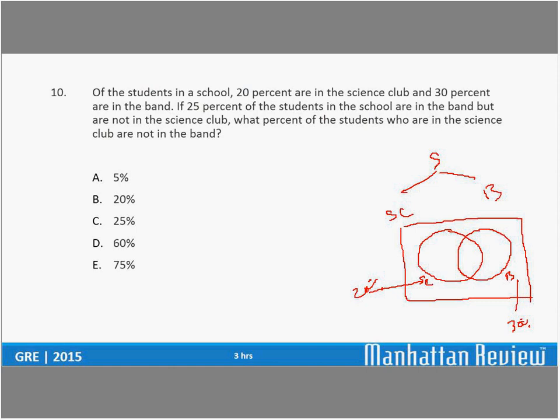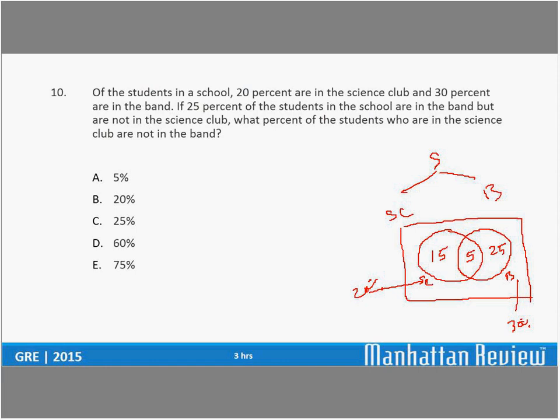If 25% of the students in the school are in band but not in the science club, altogether band is 30%, so obviously there should be 5% in the intersection, because this total is 30%. The entire science club is 20%, so there should be 15% over here.